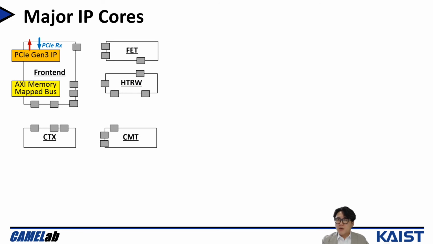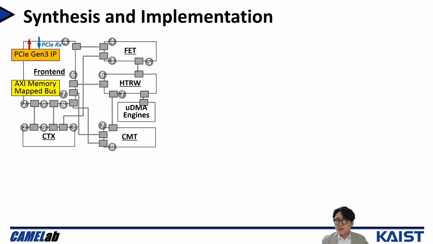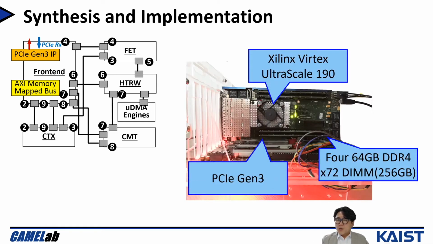These models require frequency tuning and optimization to reduce the load delay and the negative slacks. So we connect all the hardware logic by minimizing the delay, which will be explained shortly. OpenExpress is prototyped in a Xilinx Virtex UltraScale 190, and four 64GB DDR4 memories are used for the backend channel.